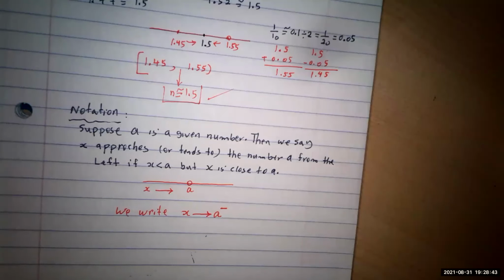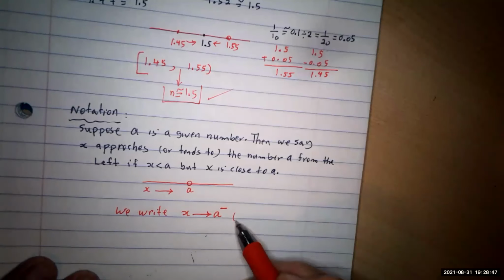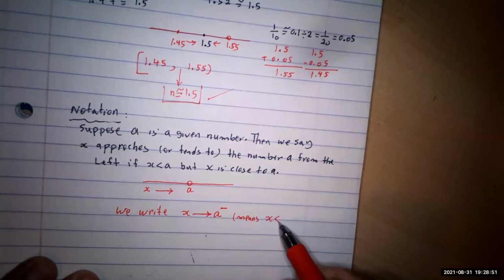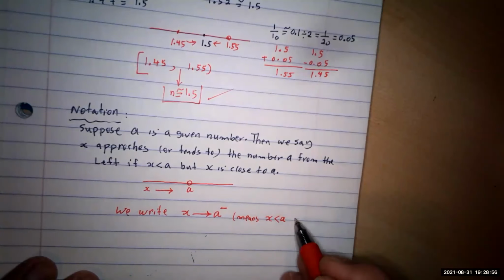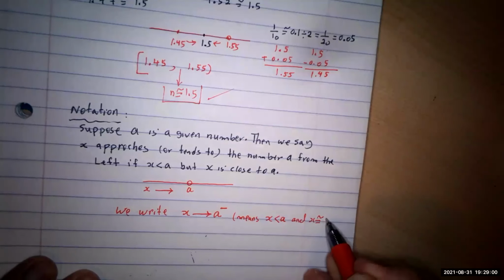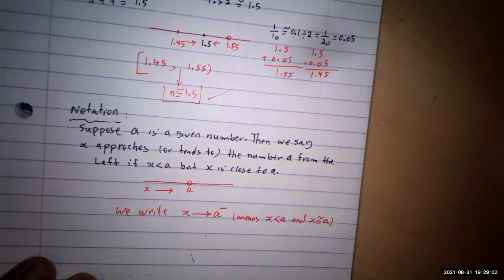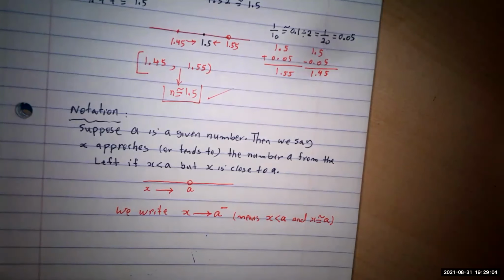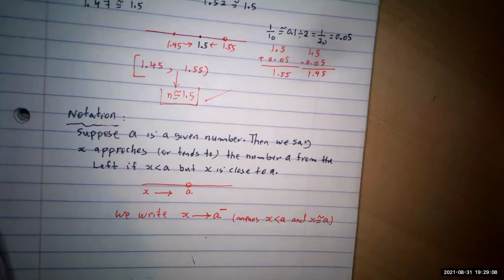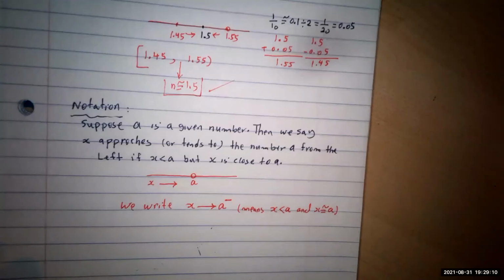Any question? So x goes to a negative means x is less than a, and x is approximately a, close to a. That's case one.